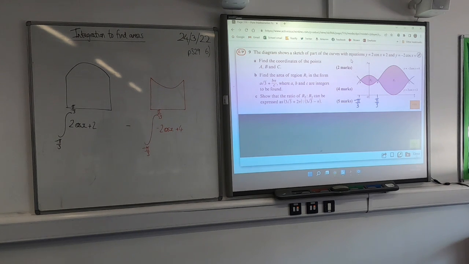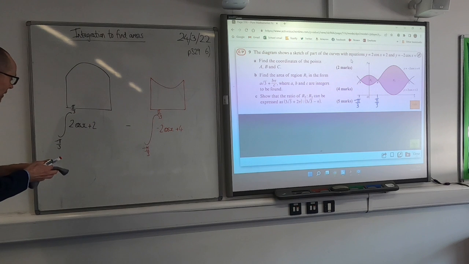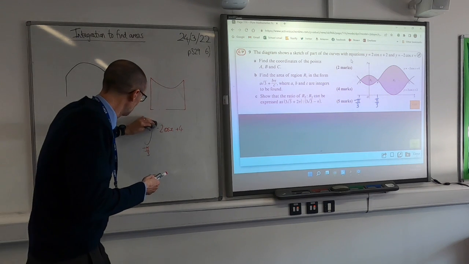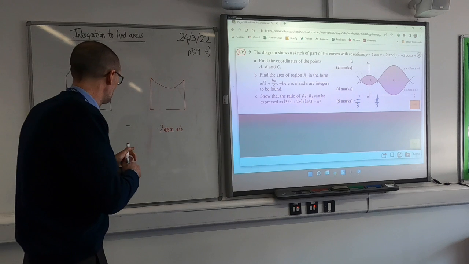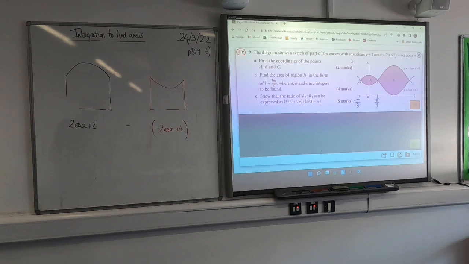So I can actually work out the area between the two curves by firstly saying, right, what's that? Take away that. And when I get that answer, I just integrate it between the two values. So I can do it as one integration.